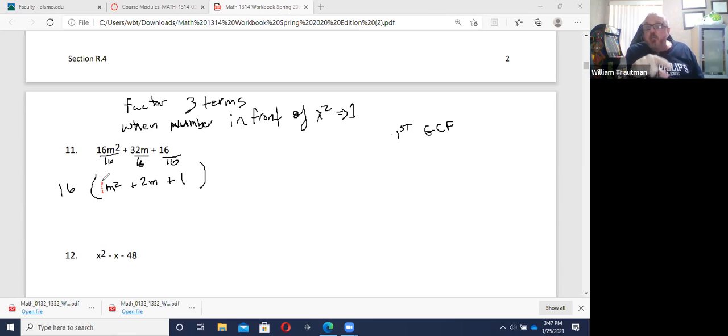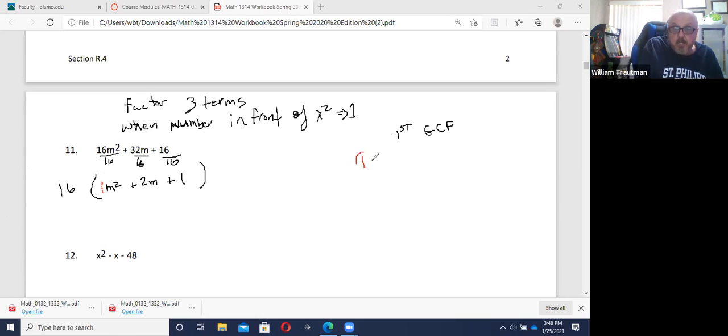If the number was a 2 or a 3 or something else in front of m squared after you factor out the GCF, there's different rules for factoring it. And by the way, there's lots of different rules for factoring, but this is the way I show it. If the number in front of m squared is 1, then you factor 3 terms when the number in front of x squared equals 1.